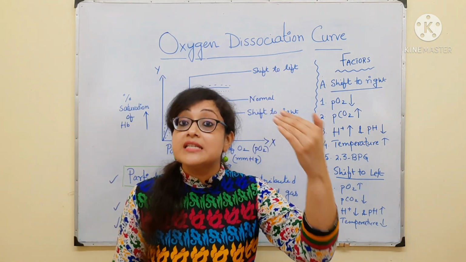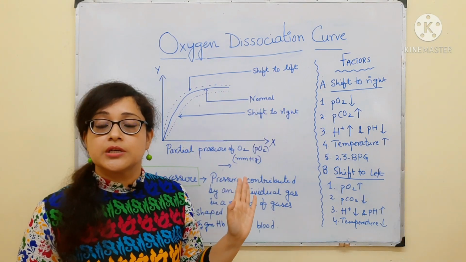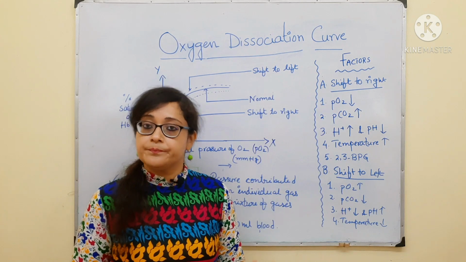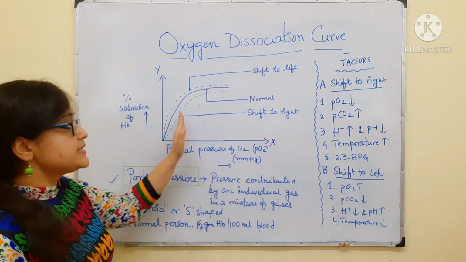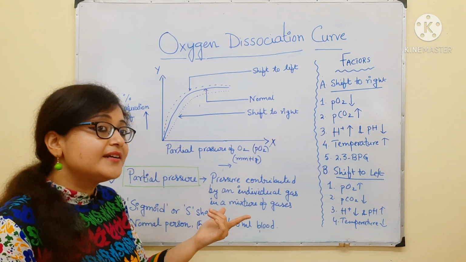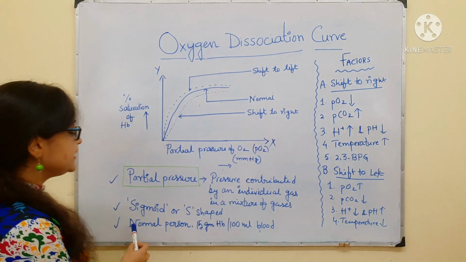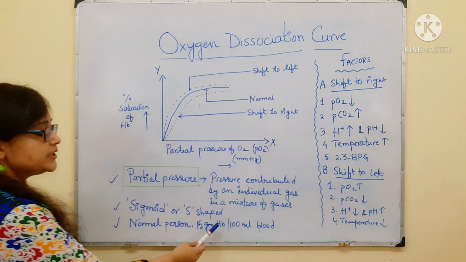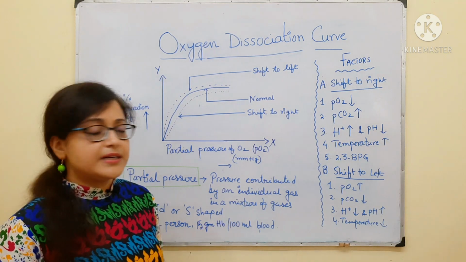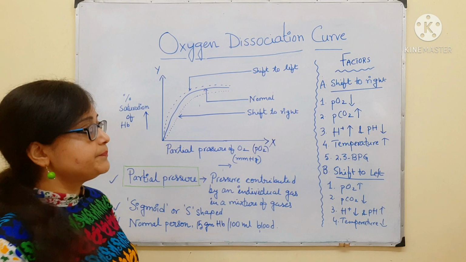This is known as saturation, and this is 100% saturation. Hemoglobin is no longer capable of binding oxygen. This is the reason why the graph is sigmoid or S-shaped. And in a normal person, 15 gram of hemoglobin is found in 100 ml of blood. You need to remember this data because it is important for the NEET exam.